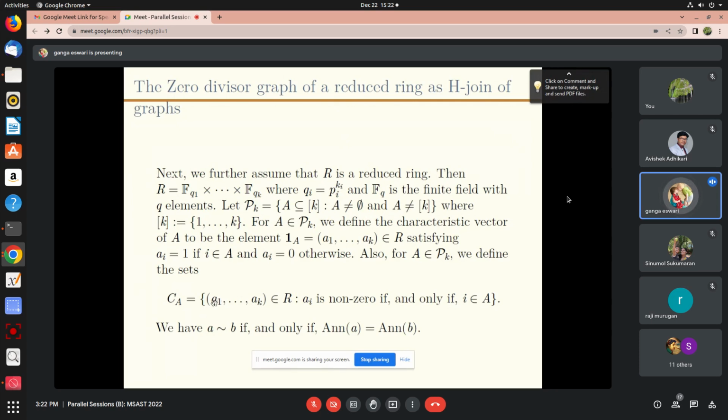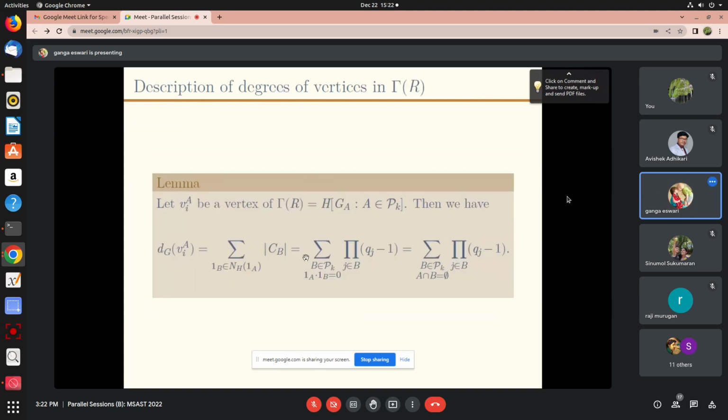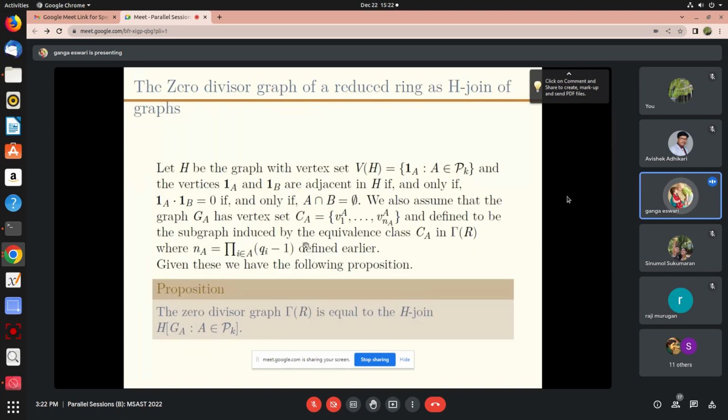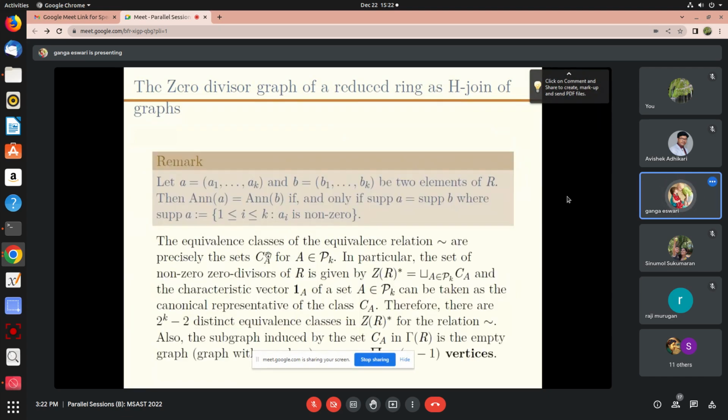Similarly, the second element can be chosen in q2 minus 1 ways, up to the last element, which can be chosen in qk minus 1 ways. So the cardinality of C_A is the product of (qi minus 1).